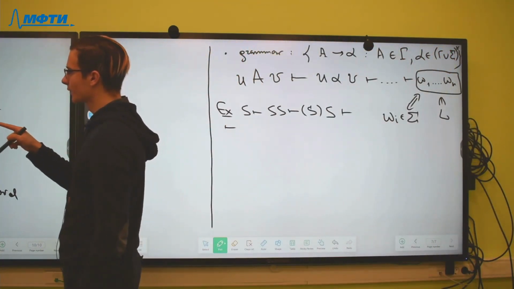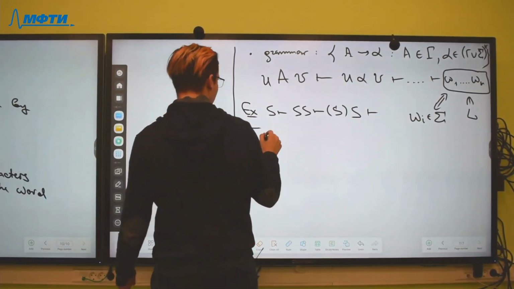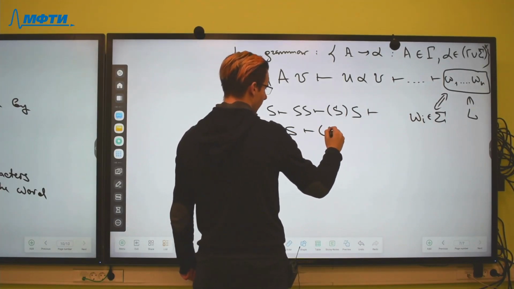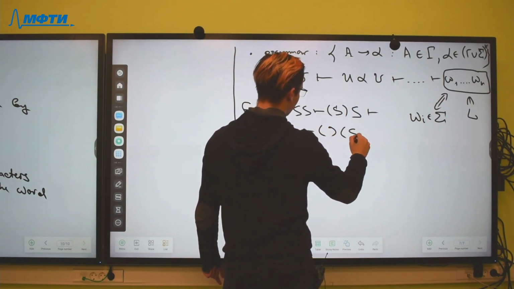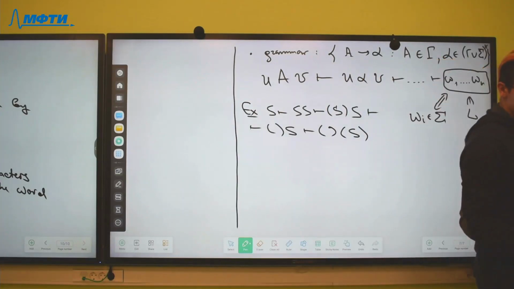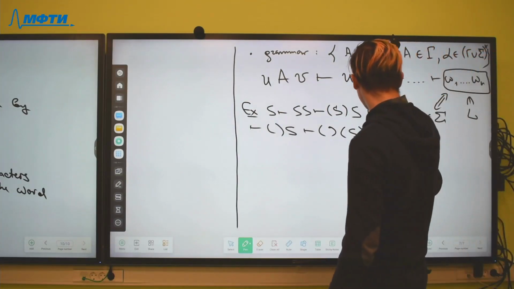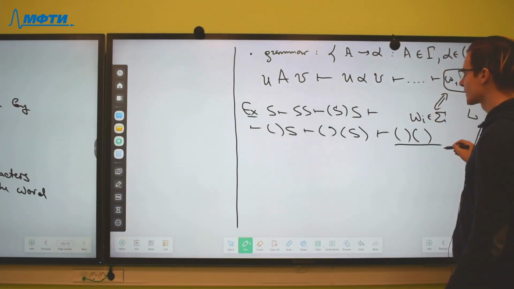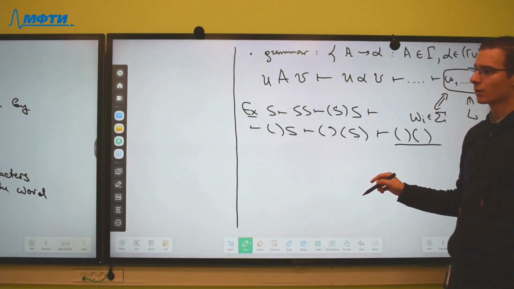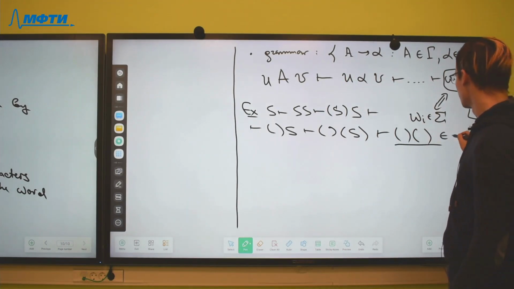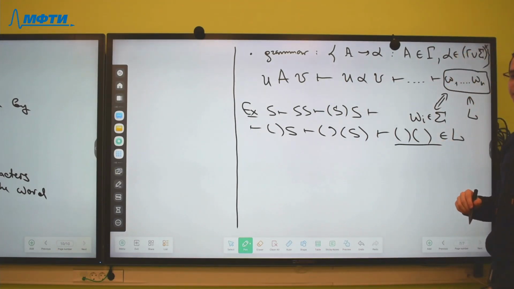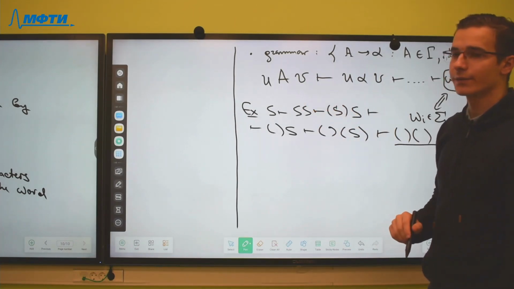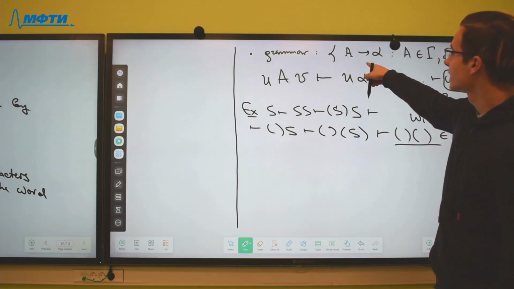Then I use third. Then I use first, and then I use third. And you see that there is no S here. So I say that it's a word from the language that we built by this context-free grammar. Of course, this grammar is context-free.